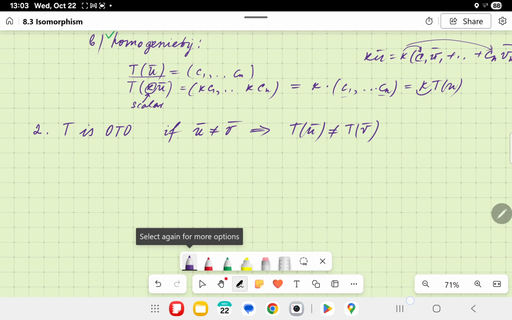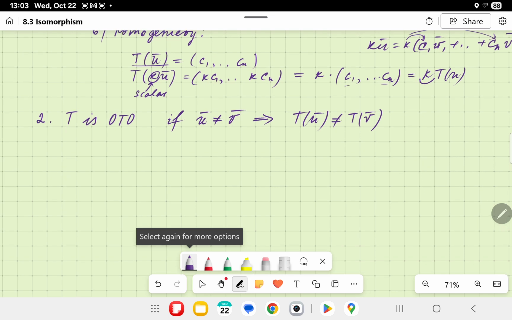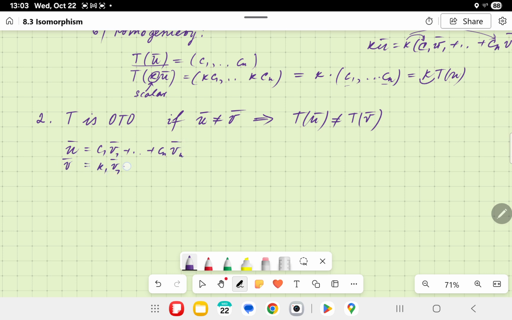Well, how are we going to prove it? Well, if two vectors are not equal, then their coordinates are supposed to be different at least somewhere, right? Because if you have, for example, vector u equals c1 v1 plus cn vn, and vector v, which is equal to k1 v1 plus kn vn.